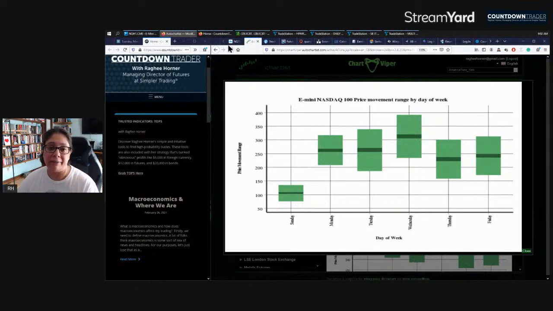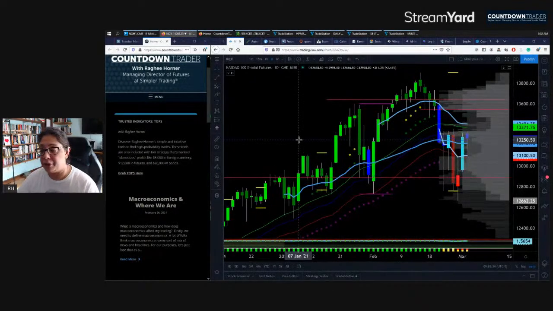Now, again, it doesn't have to supplant your average true range if you're using that. But remember, your typical average true range look back is what, 7, 14, maybe 21 periods. That means 7 days, 14 days, maybe 21 days at most. What I'm talking about is 6 months. So it's a very different look.